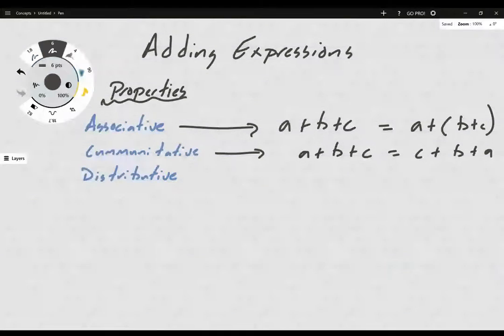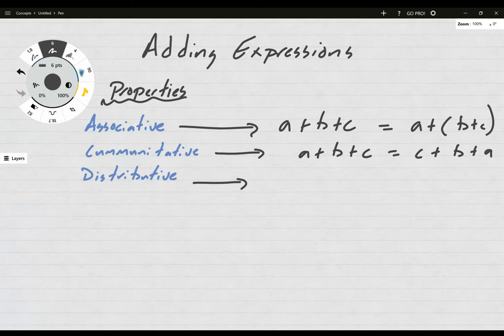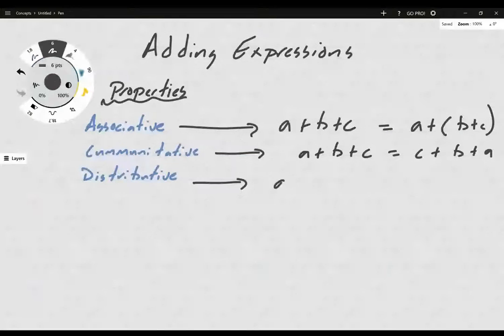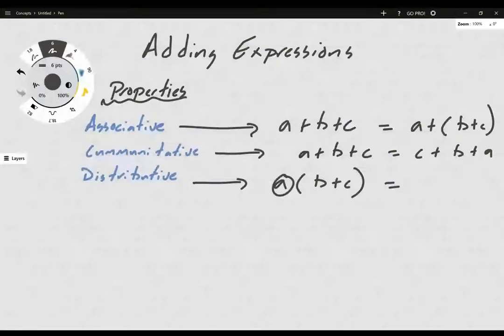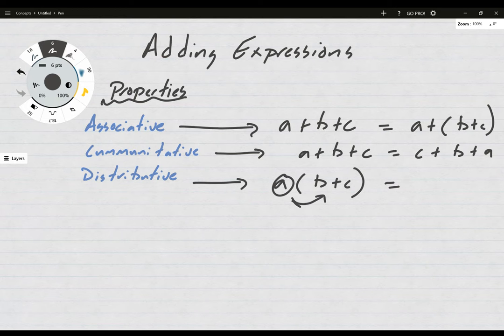And the distributive property is you're distributing an amount of something into other terms. So you're using multiplication. So if I have A multiplied by B plus C, the distributive property just basically states that I am distributing this value into each term here individually.